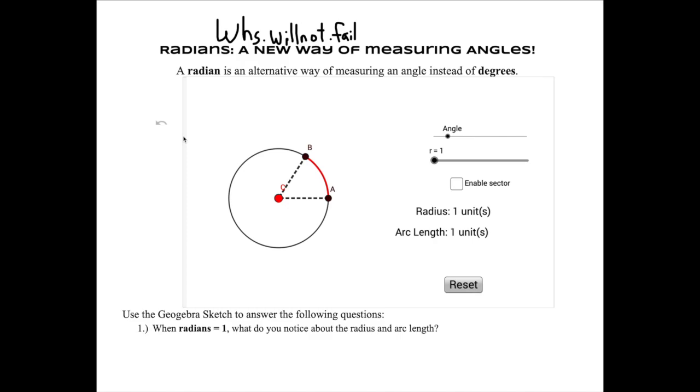Now, a radian is technically what we call unitless. It doesn't have a specific unit, but we could talk about, for example, meters and feet. Meters and feet are two ways of measuring distance. Many people prefer meters because they're in steps of 10.